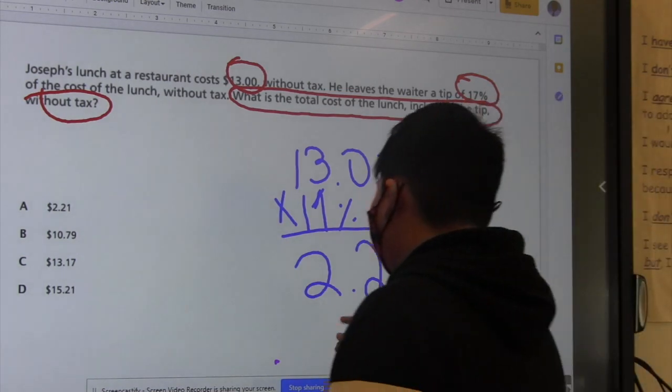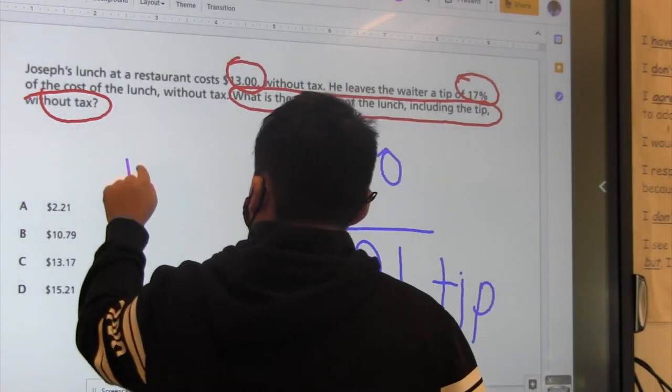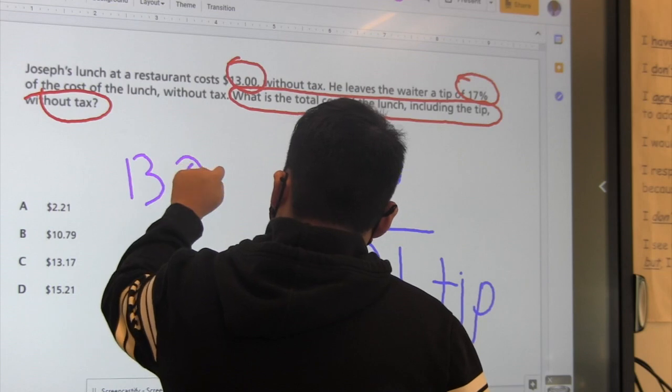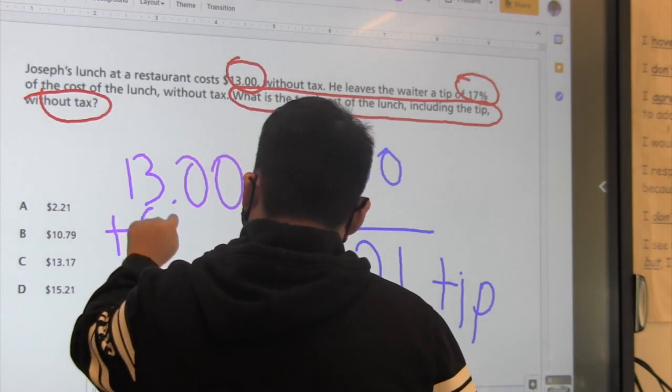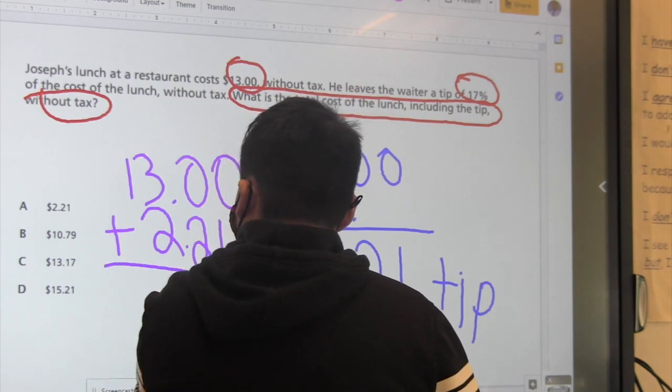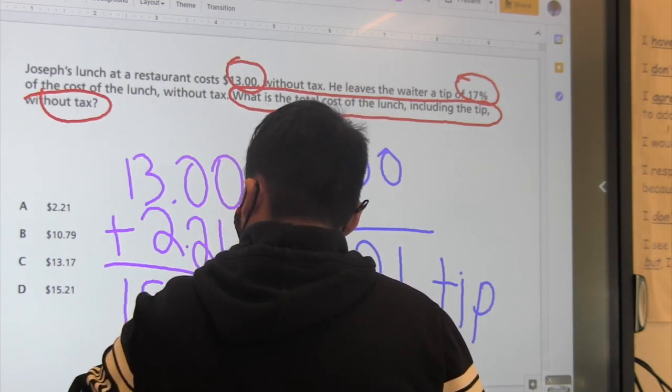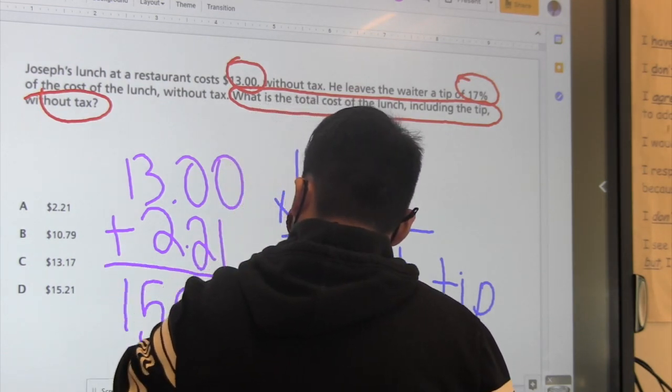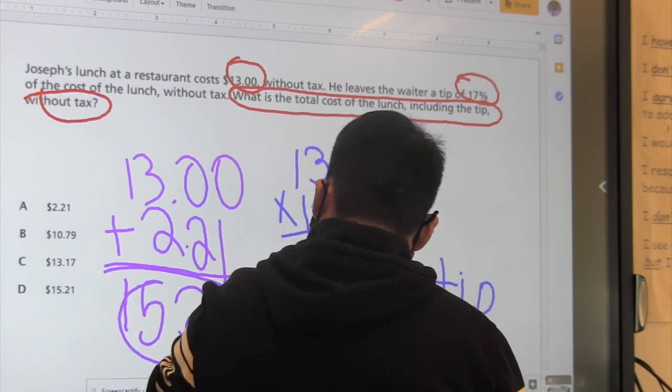Okay, now we know what the tip is. We add it with 13. So 13 plus 2.21 equals 15.21, and that's our answer. Don't forget the dollar sign.